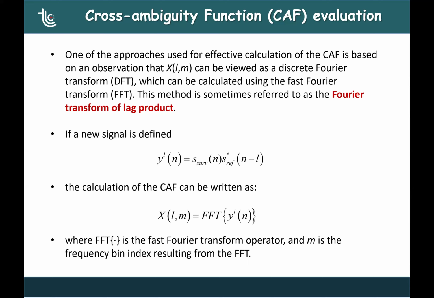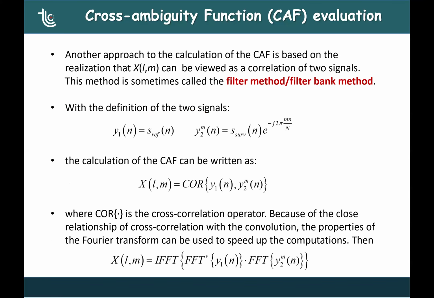There are multiple ways. One is to interpret the cross-ambiguity function as the Fourier transform of the product of these two signals. So we need to build sequences of YL and make the FFT of all these sequences, and then we build the cross-ambiguity function.